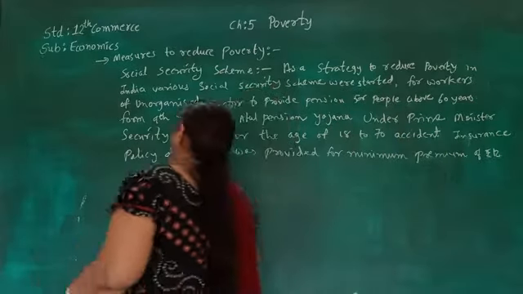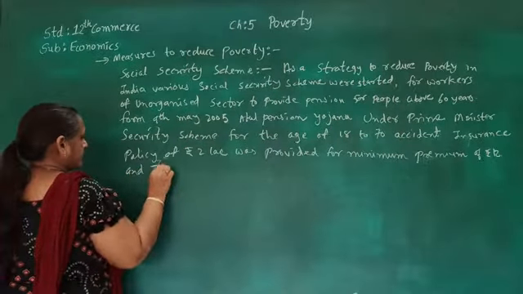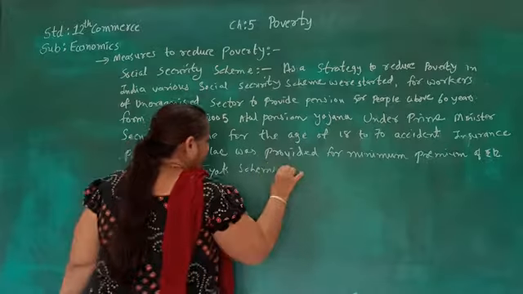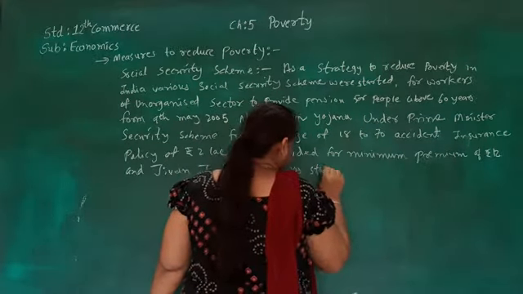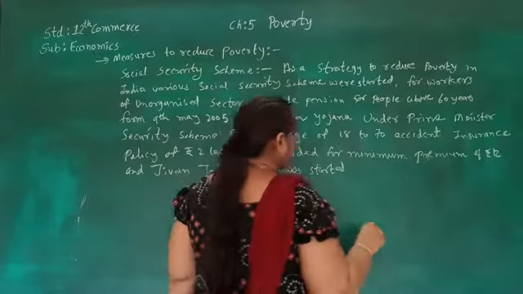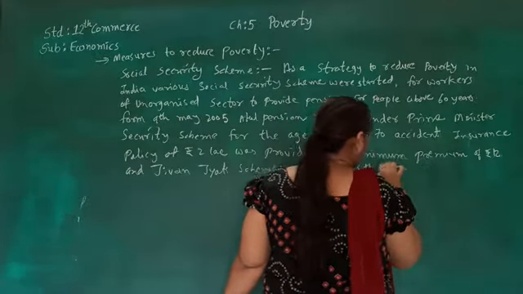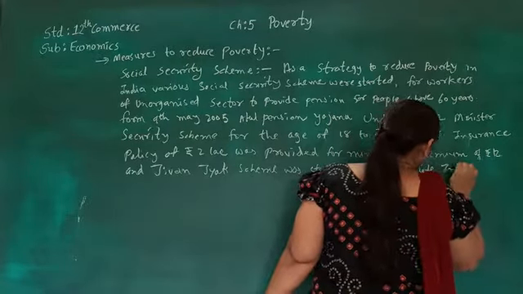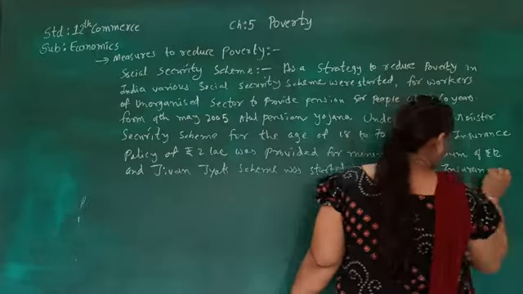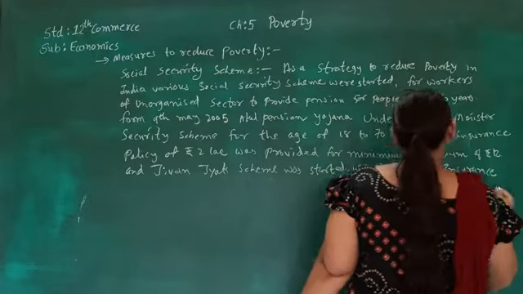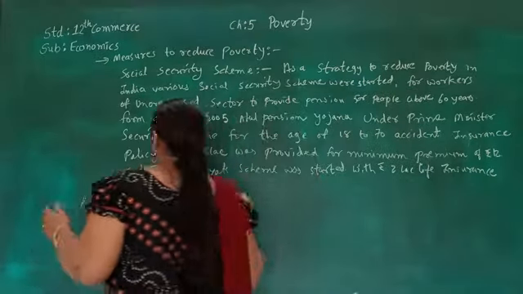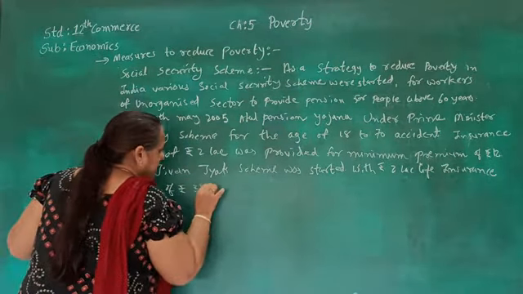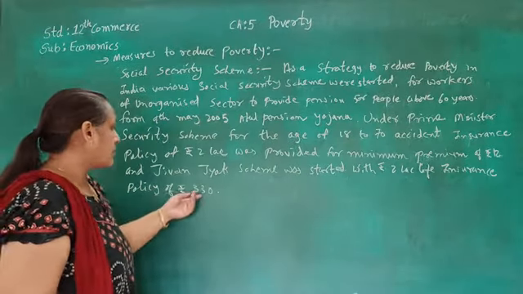And the Jeevan Jyoti scheme was started with a life insurance policy of rupees 2 lakh, for a premium of rupees 330. So it was a very nominal amount of premium.